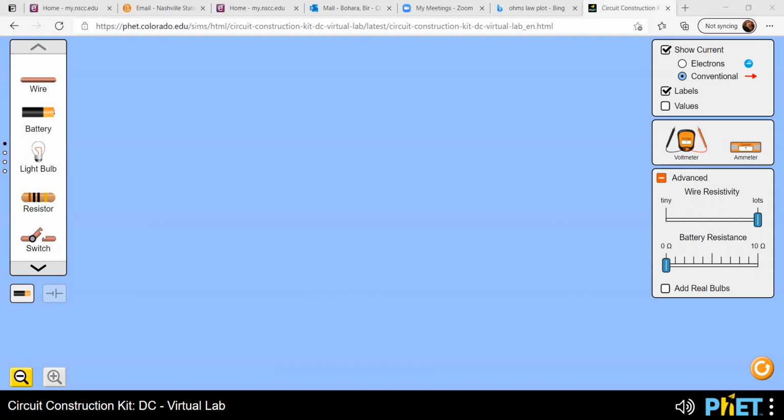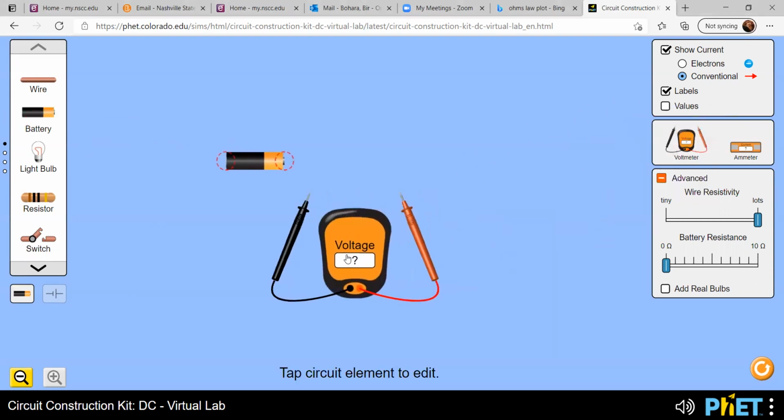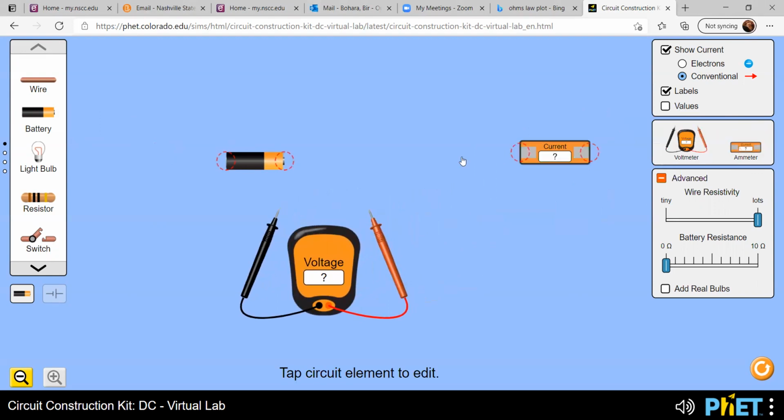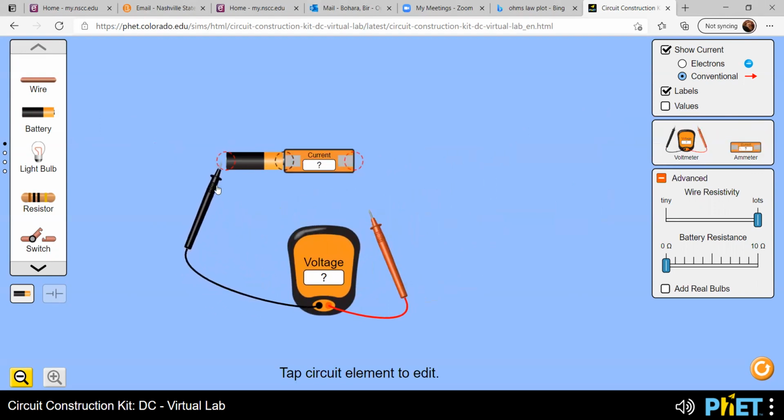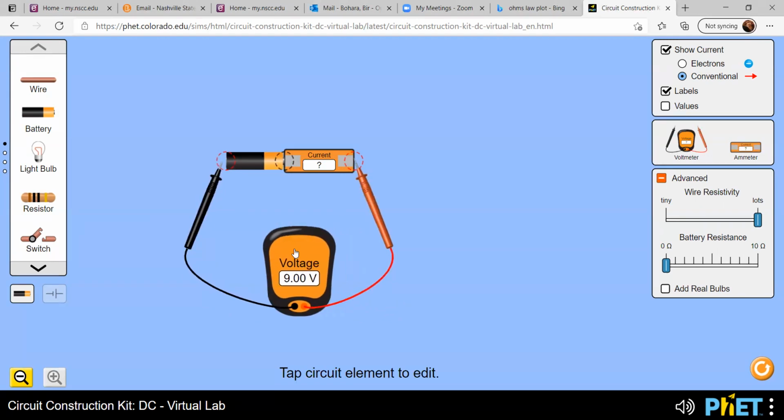Okay, so to construct an Ohm meter, what I need is an ammeter, voltmeter, and a battery. That's all I need. Let me make it. This is the voltmeter. This is the ammeter, right? So I can put it here and here, right?